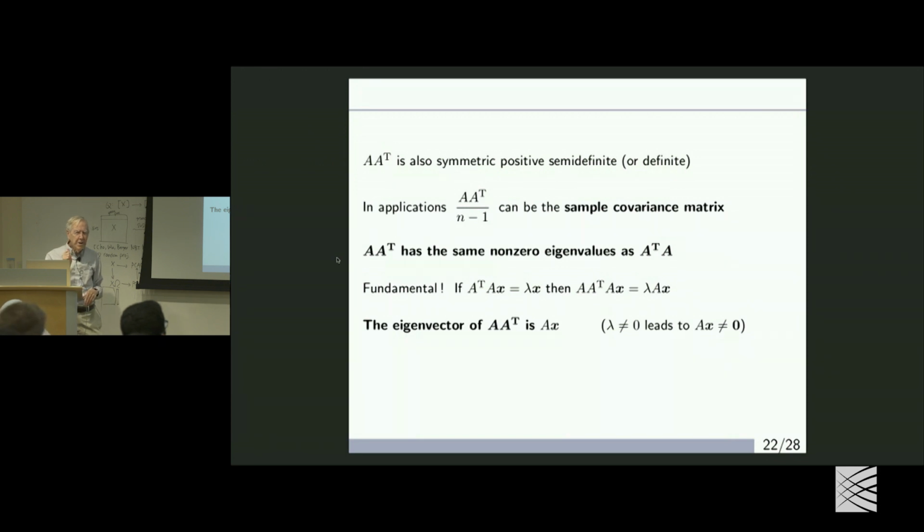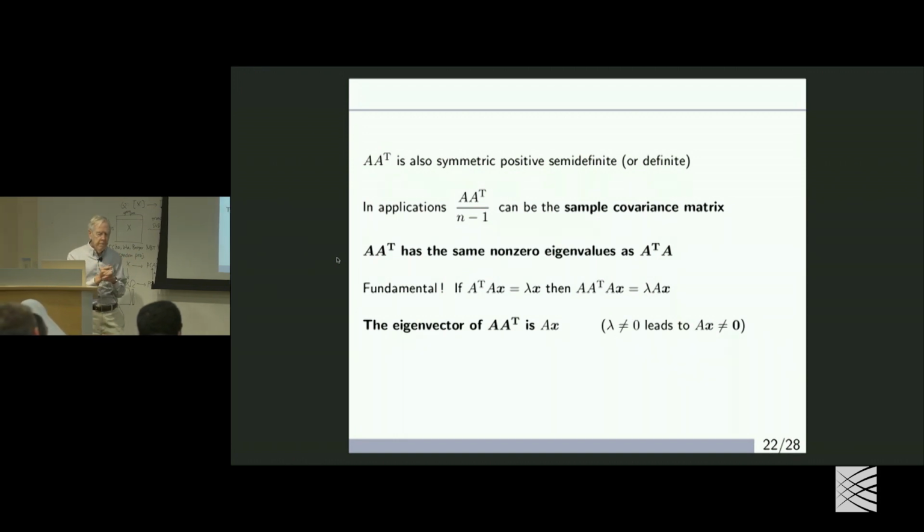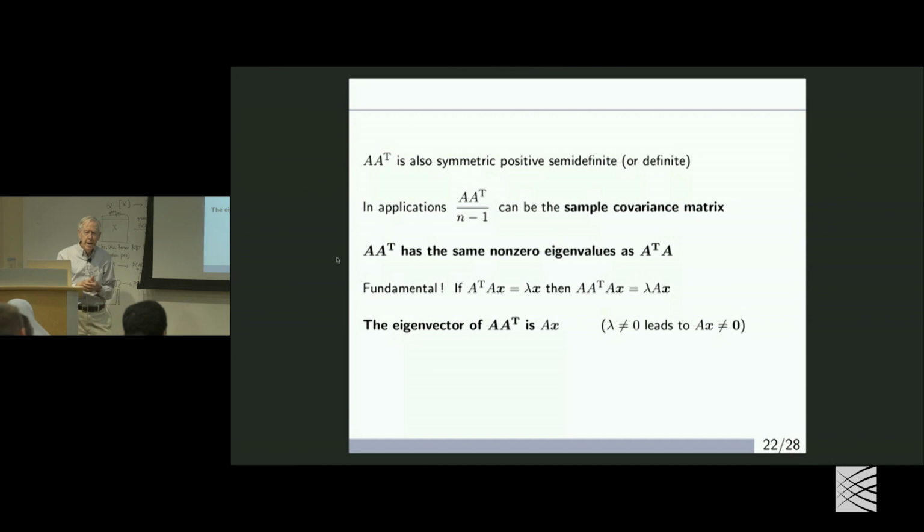Where do you get a good matrix out of an arbitrary matrix of data? Think of A as just a matrix of data coming from genetic experiments. So it's a big rectangular matrix. The good matrix is A transpose times A. Why is that good? Or A times A transpose. That's different.